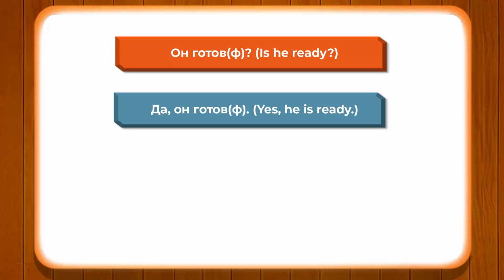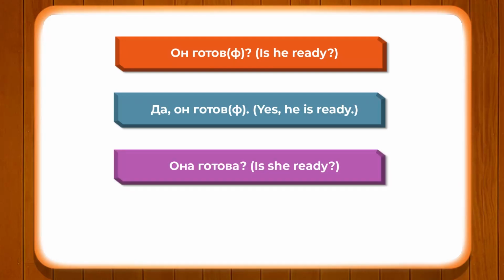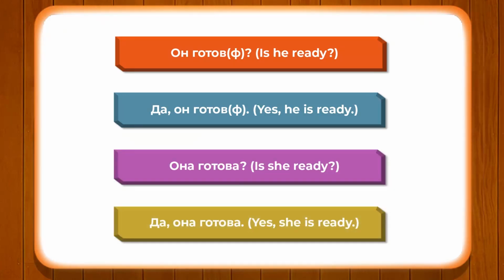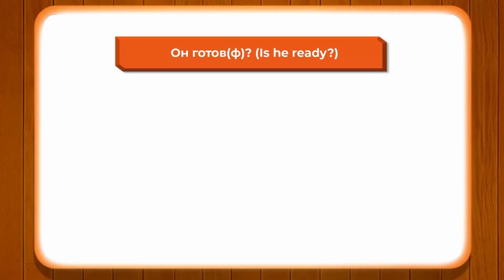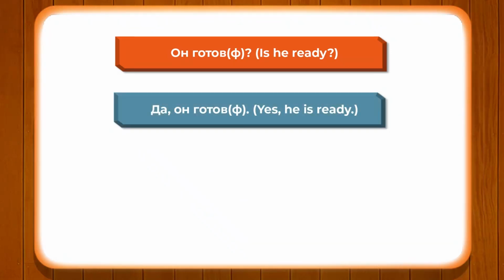So, after "da" we have a pause and then we say on gotov, but the sound of ve is changing into f. All right. "Она готова?" Ona gotova? "Да, она готова." Here you see that there is no change because of the gender as well. Ona gotova, is she ready? Da, ona gotova, yes, she is ready.